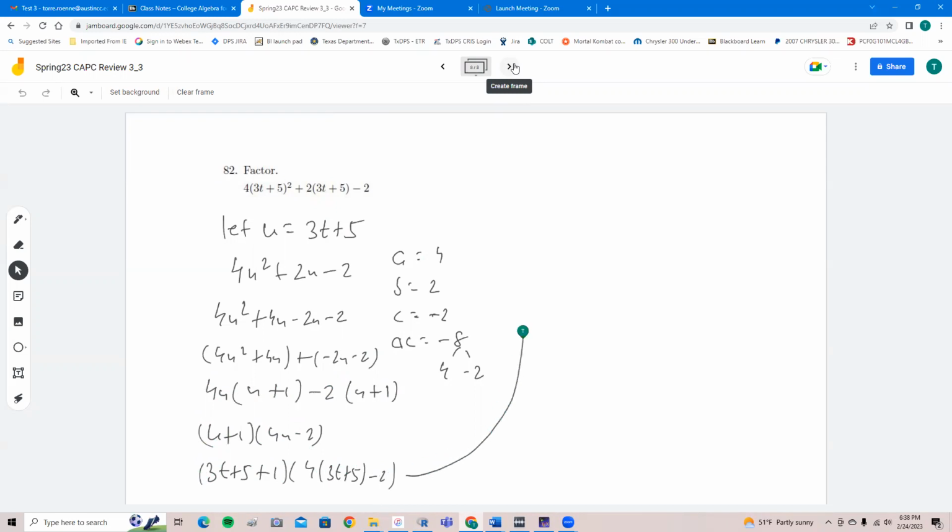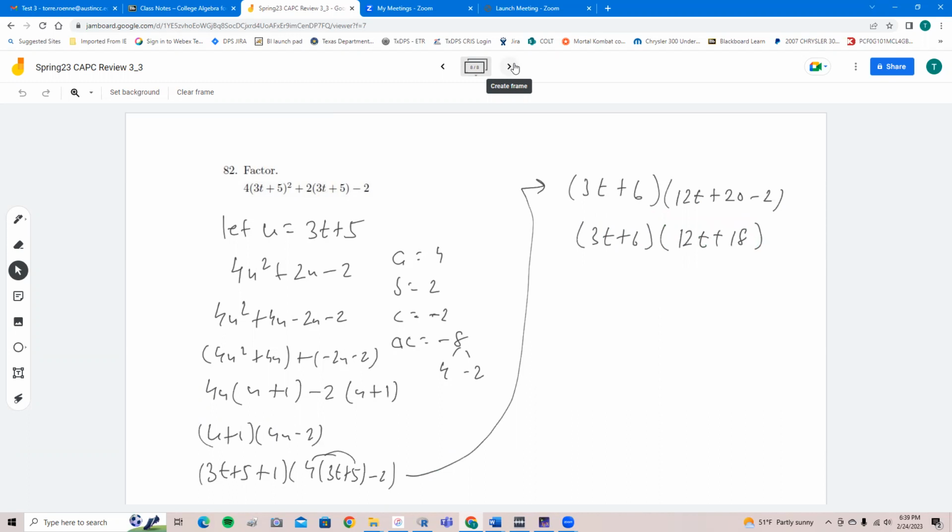Let's clean this up. 3t plus 6. Okay, I do have to distribute here. So that will be 12t plus 20 minus 2. This will be 3t plus 6. 12t plus 18.